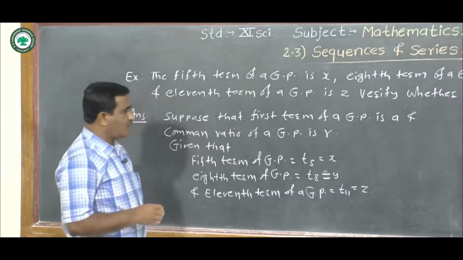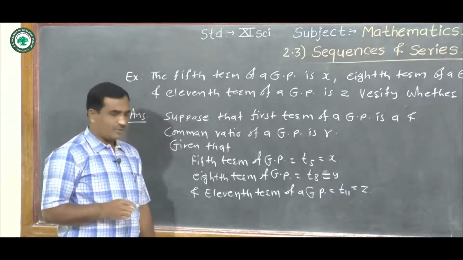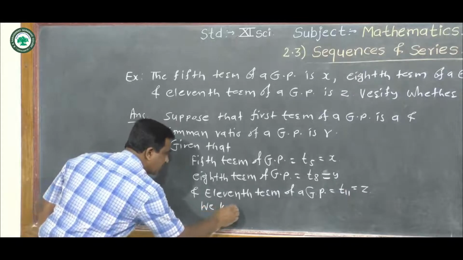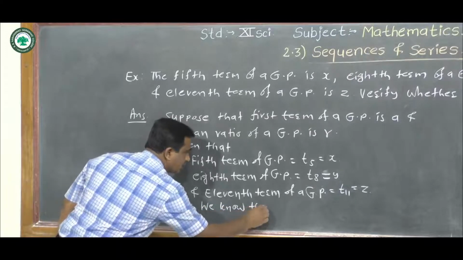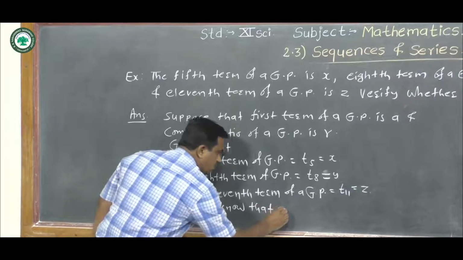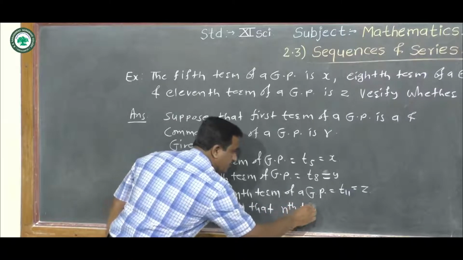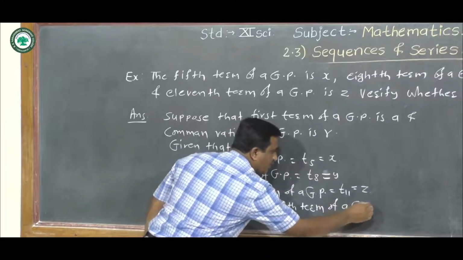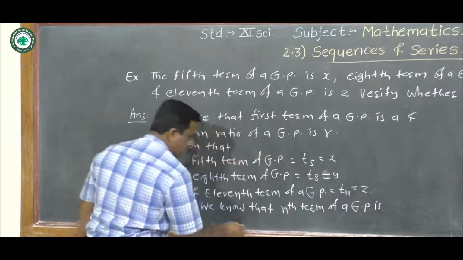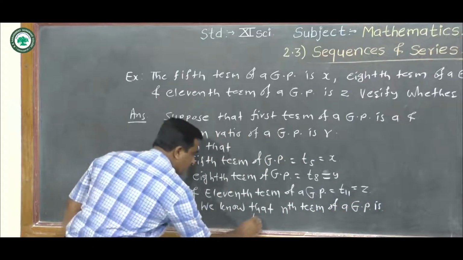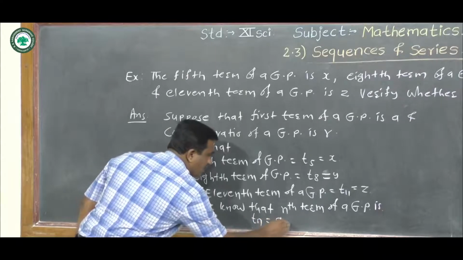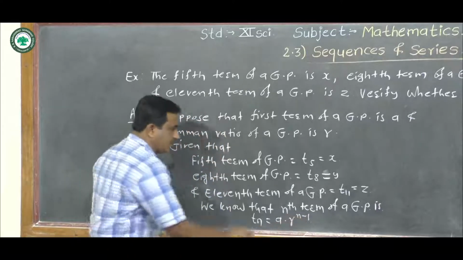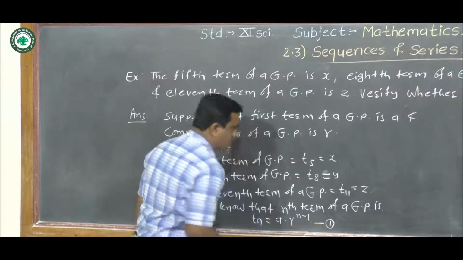Okay, but we know the formula for the nth term of a GP. The nth term of a geometric progression is Tn equal to A into R raised to n minus 1. Say this is equation number first.